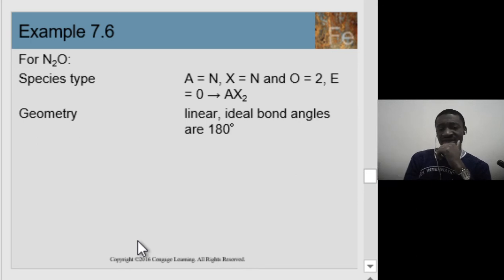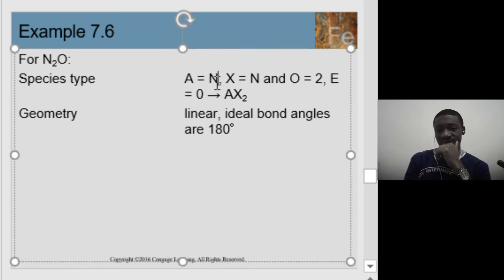I think there's a mistake on this. Let me change it. Yeah. So the central is O, and then X is there.